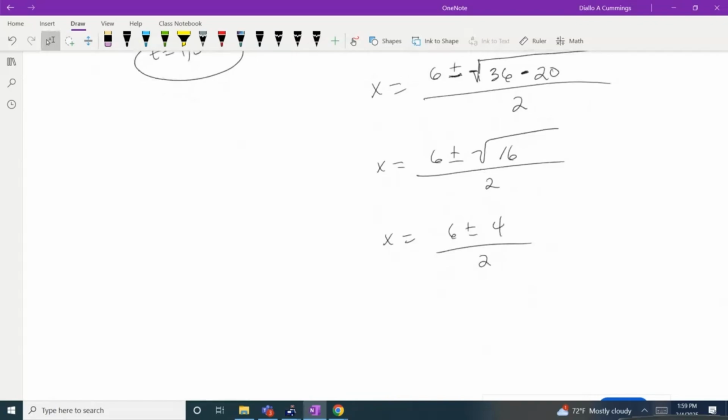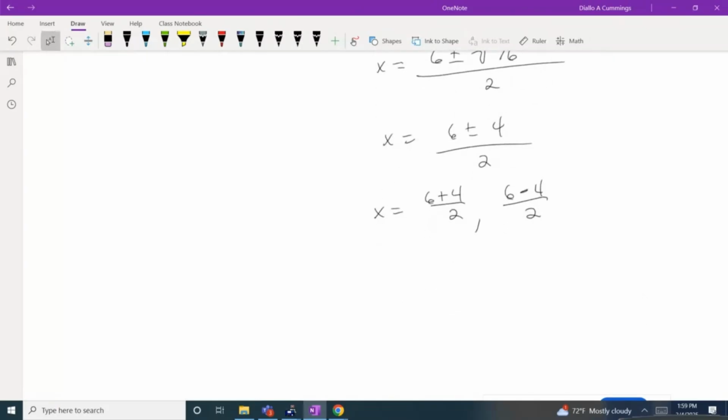We're going to use a plus or minus to separate out our two answers. So x is equal to 6 plus 4 over 2 and 6 minus 4 over 2. So that's 10 over 2 and 2 over 2.